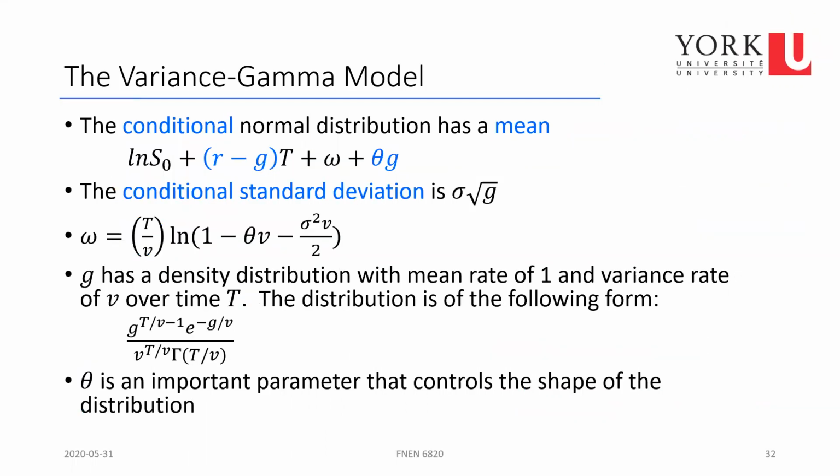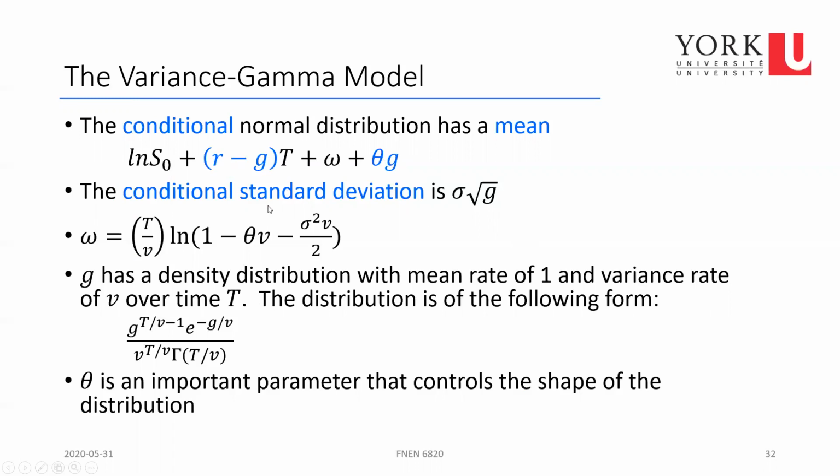Now, if you have a number g that is drawn, the conditional mean will take this particular form. It's the log of the initial S, with the current observed log price, and then this part is the typical r minus g times time, plus an omega and plus theta g here.